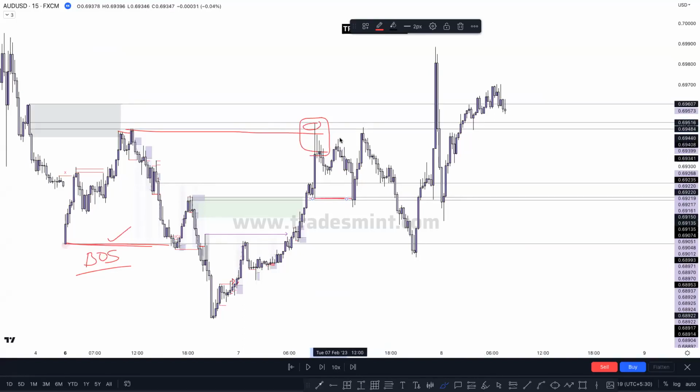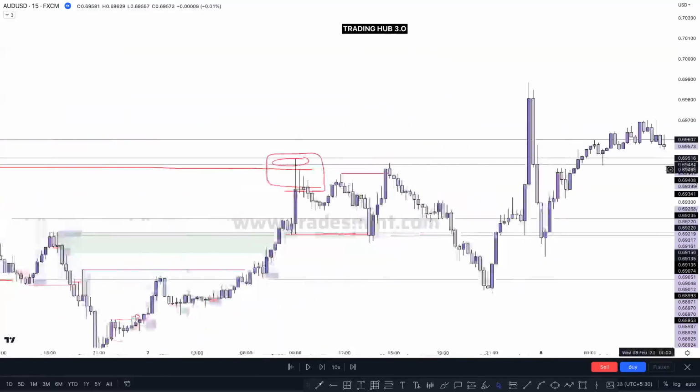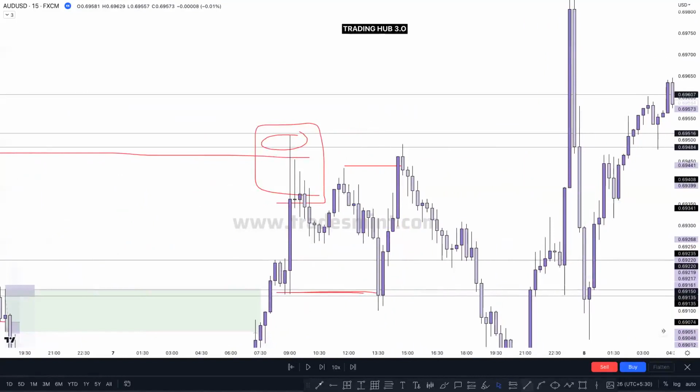This is a CHoCH, took out the inducement, and you can start selling again here. The previous candle high low sweep as a PY, you can sell here. Previous candle high low sweep, you can again sell here. Previous candle high sweep, you can again sell here. And you can sell until this low is taken out.